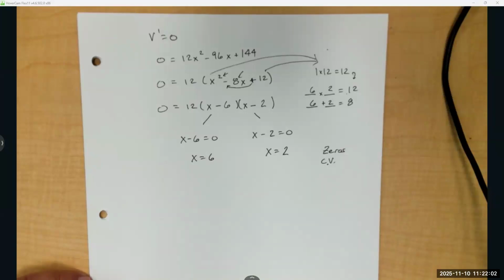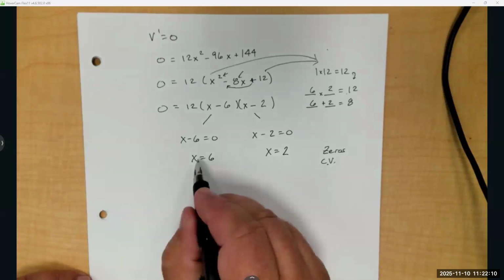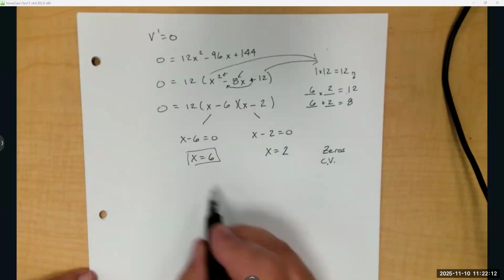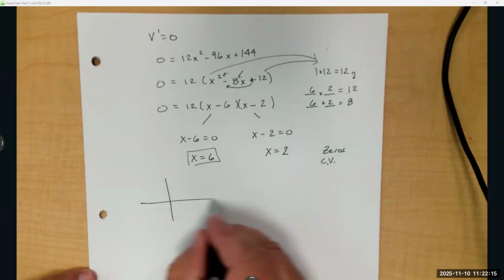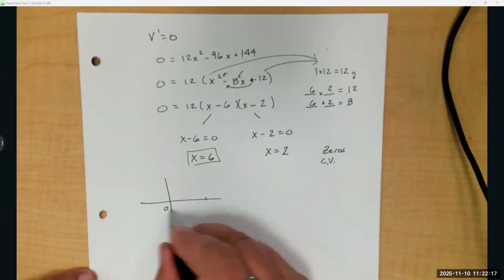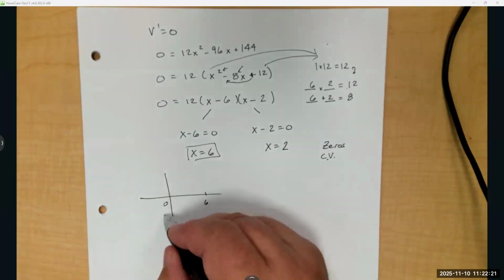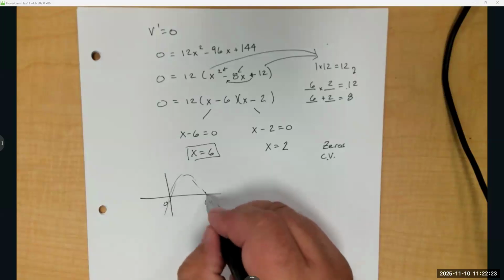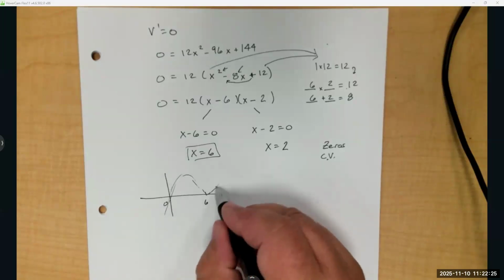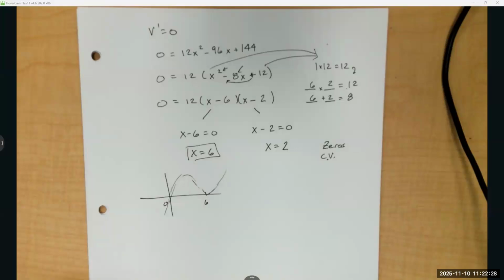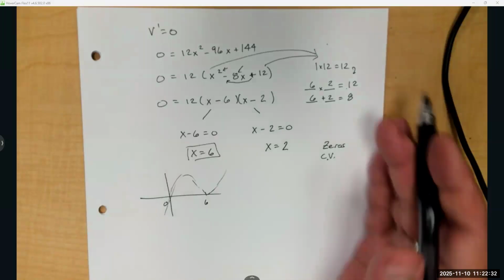But what do we know about one of them? Well, we remember we said that our domain was between 0 and 6. It goes up, it goes down. That means we can have a bounce like this. But again, we're just looking for this part. We don't know what happens outside that.